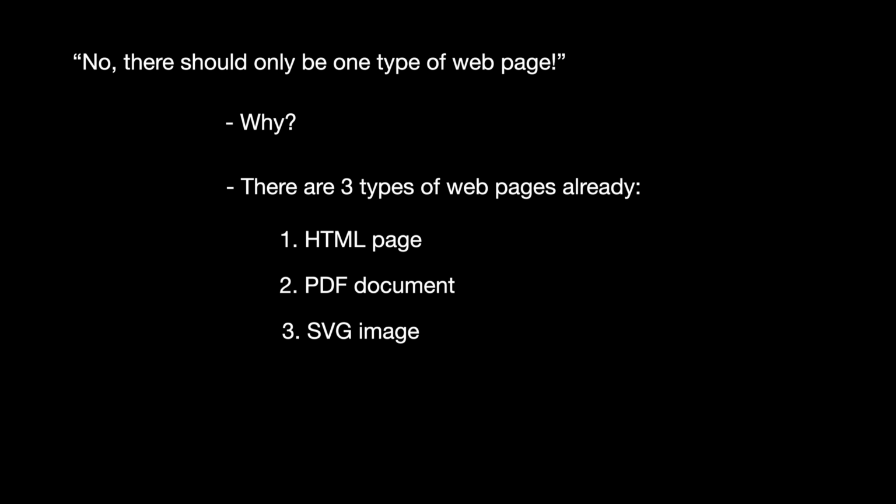All of them can be opened in a browser, and all of them can contain links. Theoretically, you could build an entire website using only PDFs or only SVG files. Depending on your definition, there may be even more web page-like formats. The point is that browsers already support multiple document types, and new ones have been added over time.